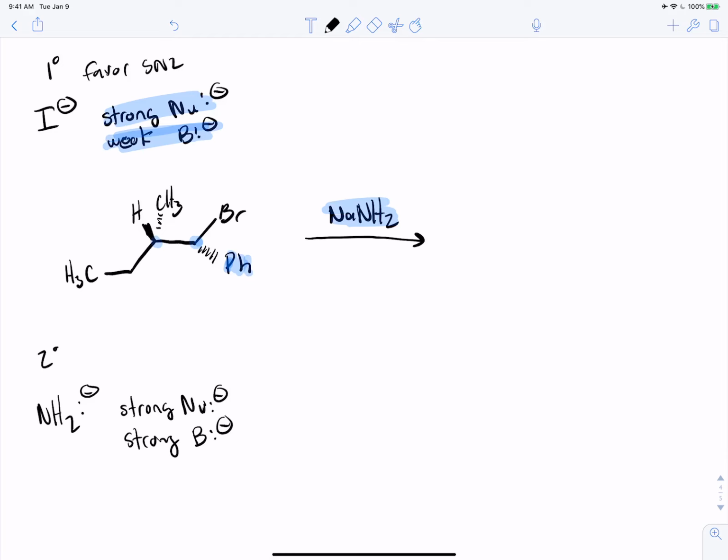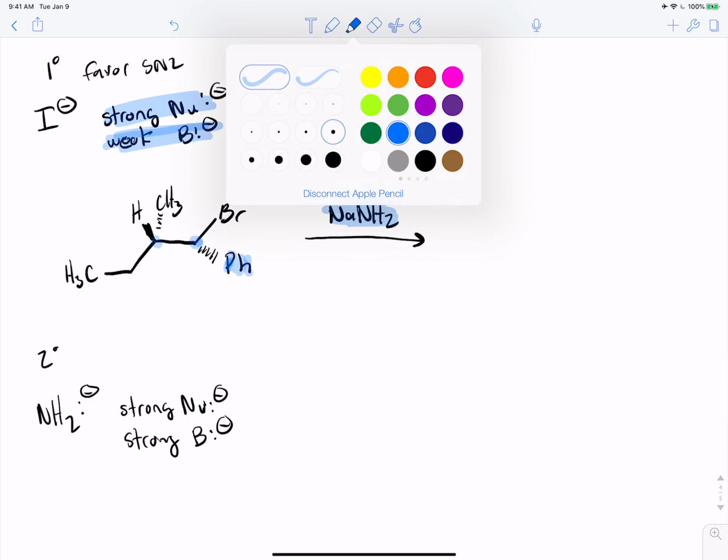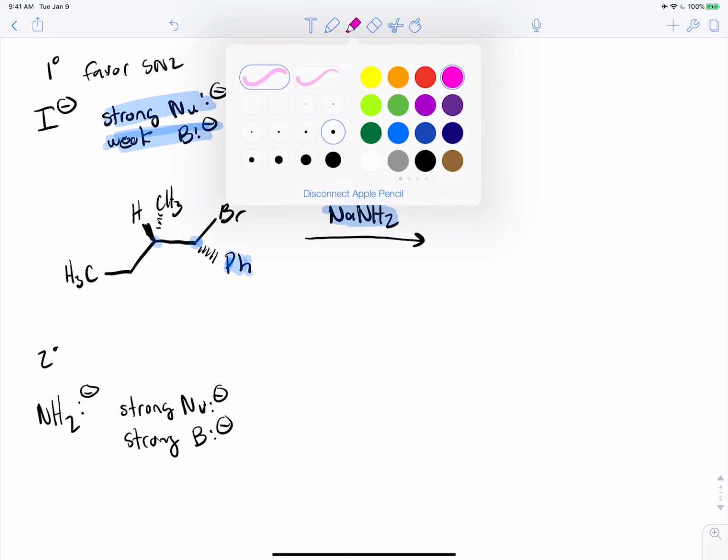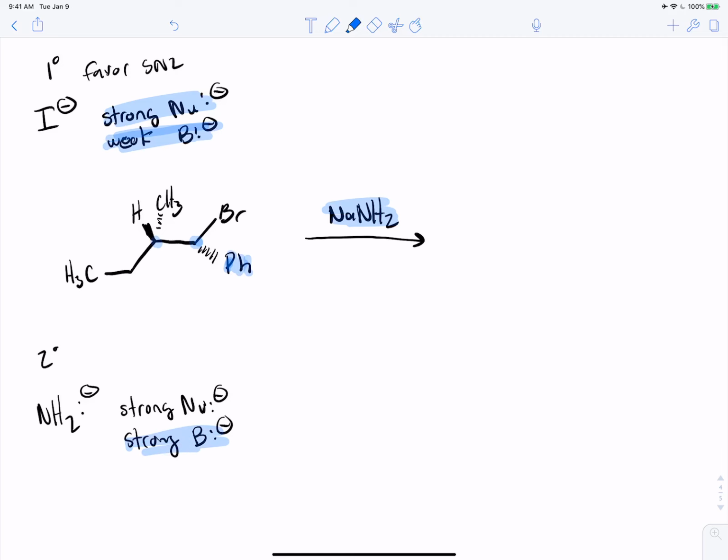If my nucleophile is trying to come in to gain access to this antibonding orbital right here, it's going to be blocked by the steric hindrance of all this stuff around it. That's what secondary does for the SN2 reaction. So SN2 is slowed down, and if there's a strong base present, which there is here, that's going to favor E2.